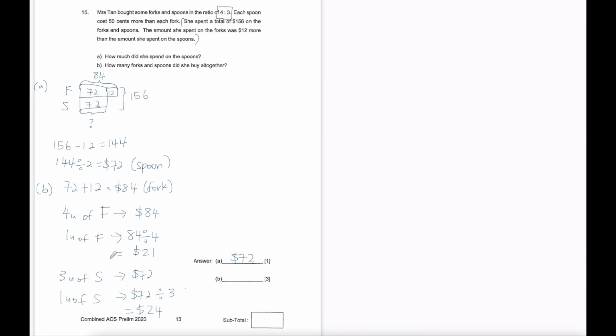So now that we got this part, let's continue. Another thing we can know from the ratio is that the number of 1 unit of fork is equal to the number of 1 unit of spoon.